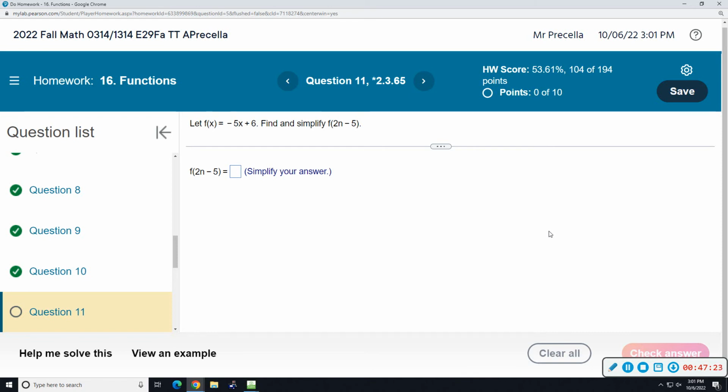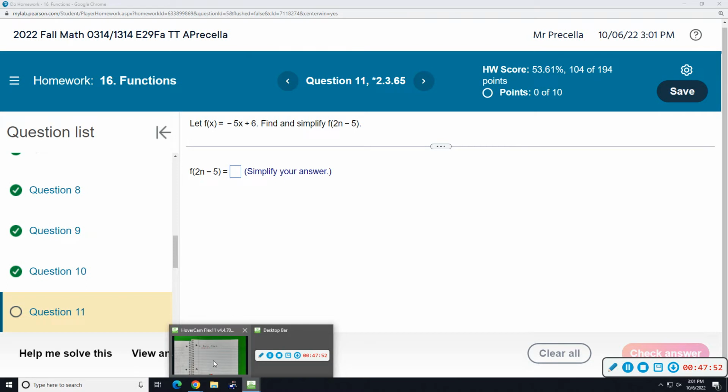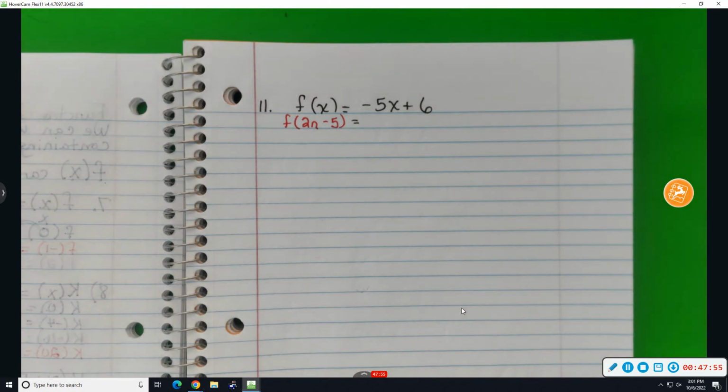It says find and simplify f, now don't panic, of 2n minus 5. Okay, so f of x is negative 5x plus 6. We're trying to find f of 2n minus 5. Well, whatever's inside the parentheses, you plug it in for x.